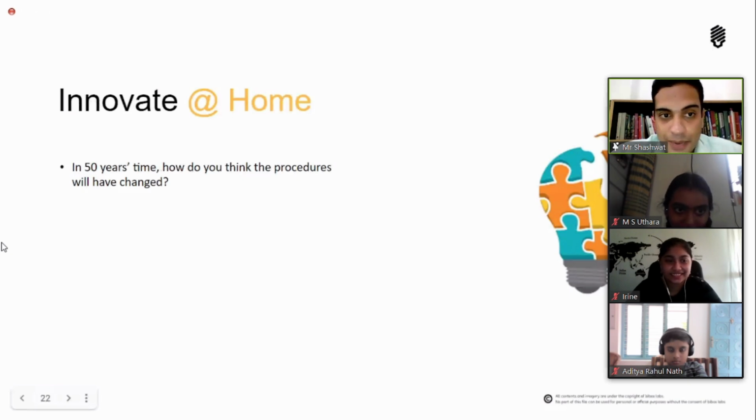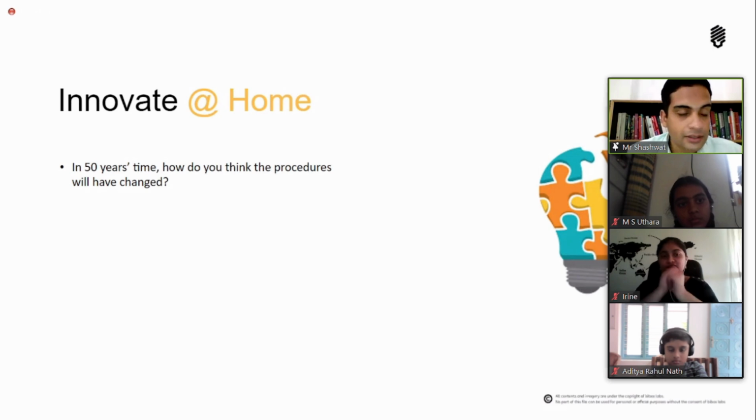The second part of your home activity is innovate at home. In 50 years' time, how do you think the procedures of angioplasty will have changed? Everything goes through evolution. In our session on the digital stethoscope, we looked at the evolution of the stethoscope. It was a wooden piece to start with, and now it is a completely different form.